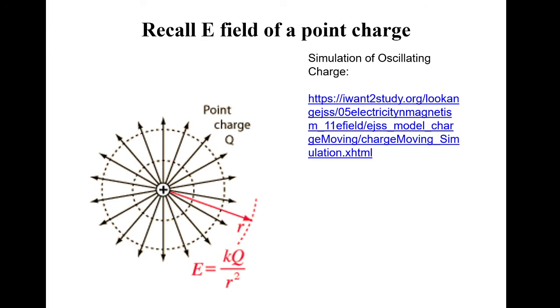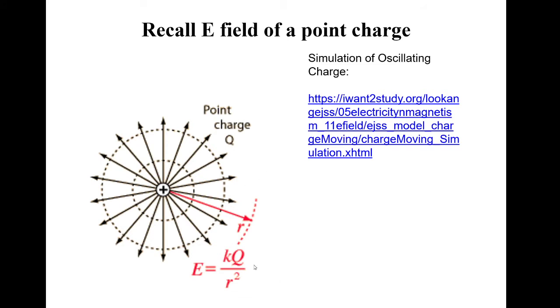And the electric field strength is equal to k times the charge over r squared, where r is the distance from the source of charge of the electric field to a particular point. Okay, so that means that the farther you move out from this, the weaker the electric field becomes.